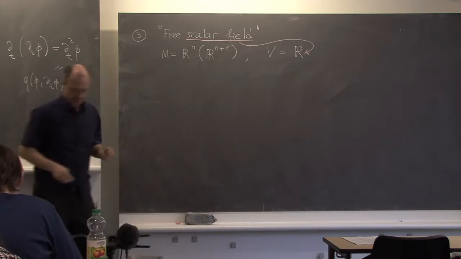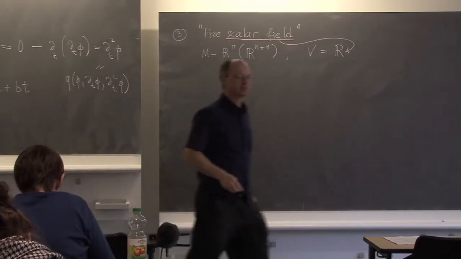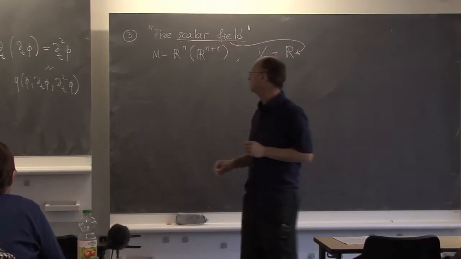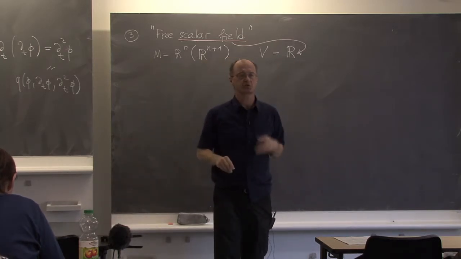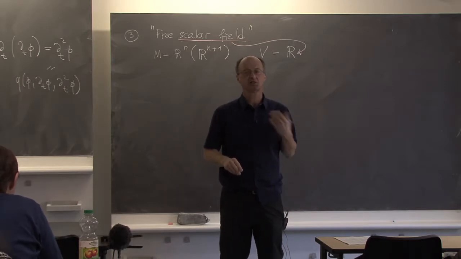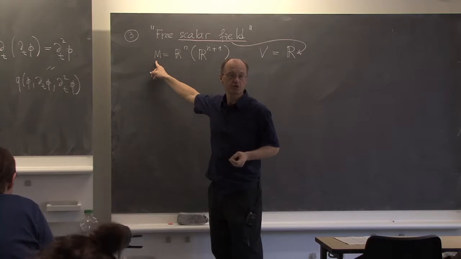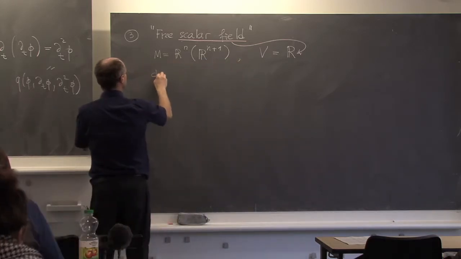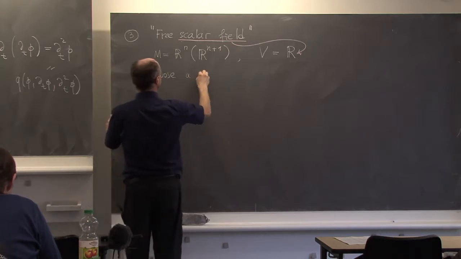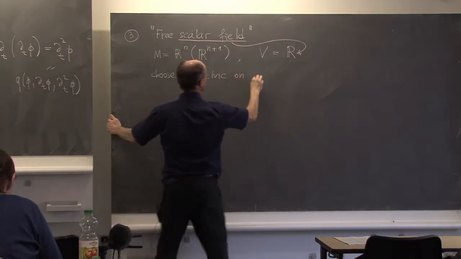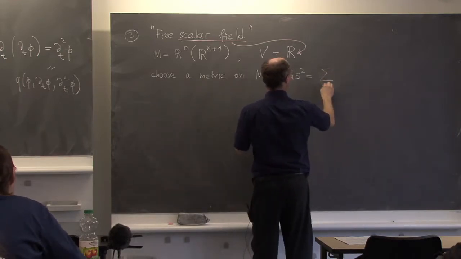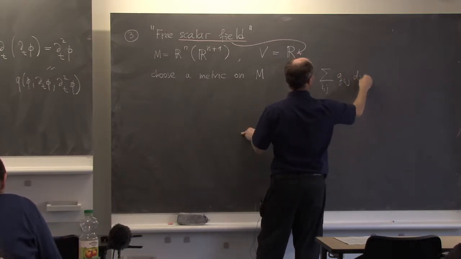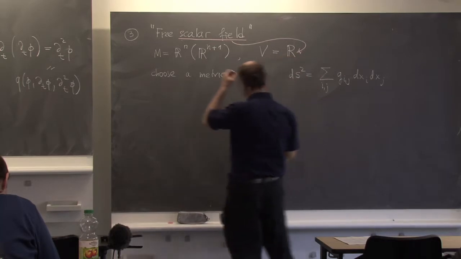And now, you see, in our discussion in the beginning, we said that sometimes we choose our space M and we choose our space V, and we give some geometric structure to M. So let's give some simple geometric structure to M. Choose a metric on M. So let me write it in the following way: ds square is equal to the sum over ij of gij dxi dxj.